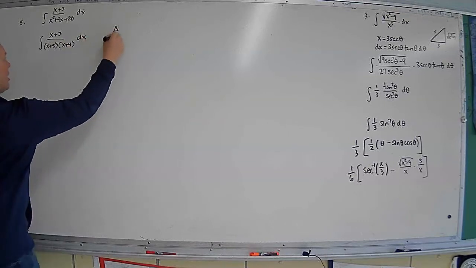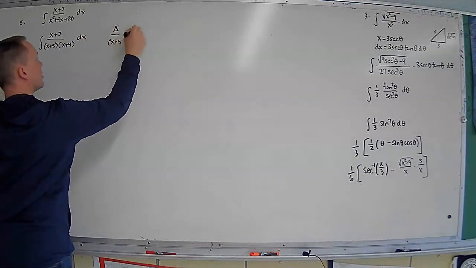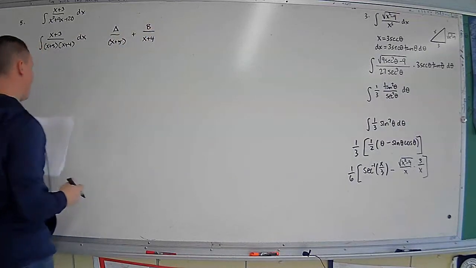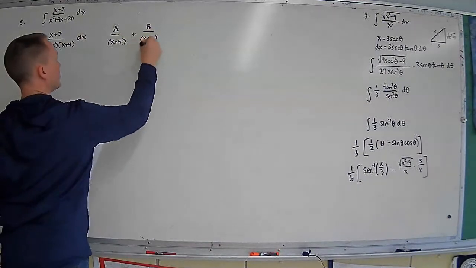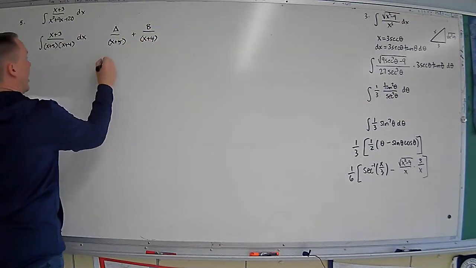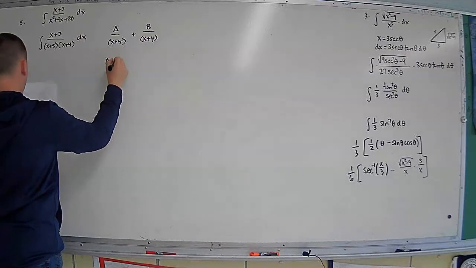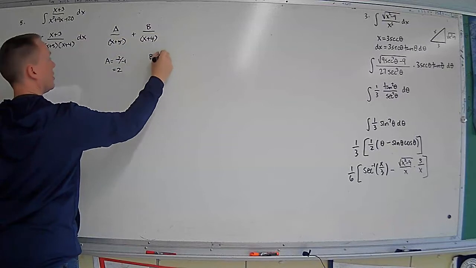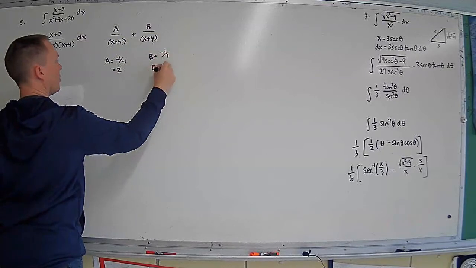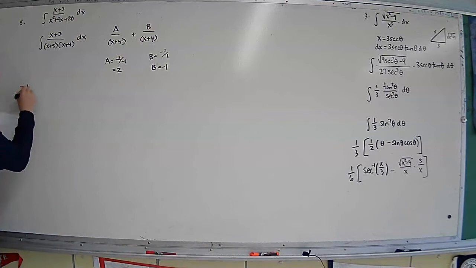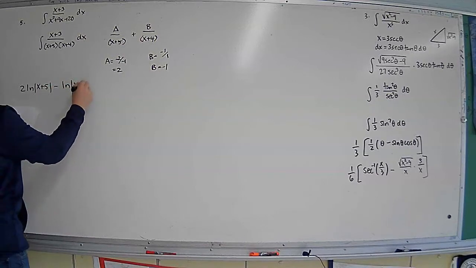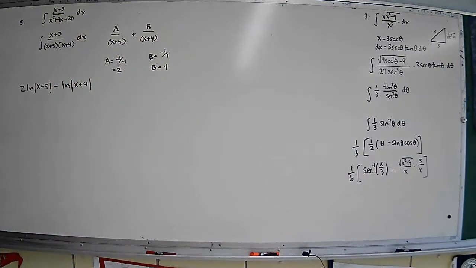And then we'll go ahead and figure out A and B. So when I do this, A ends up being -2 over -1, or 2, and B ends up being -1 over 1, or -1. So this ends up being 2 natural log of x plus 5 minus natural log of x plus 4. Okay? Plus c.